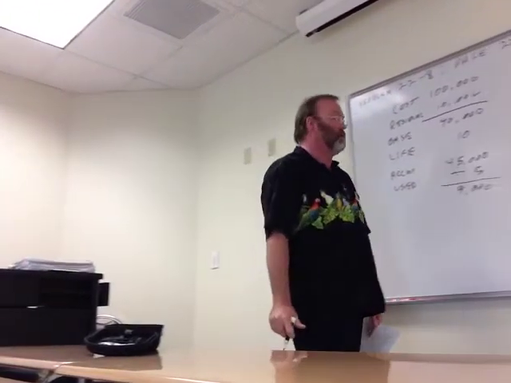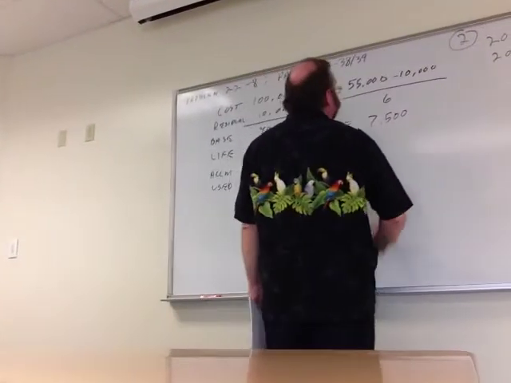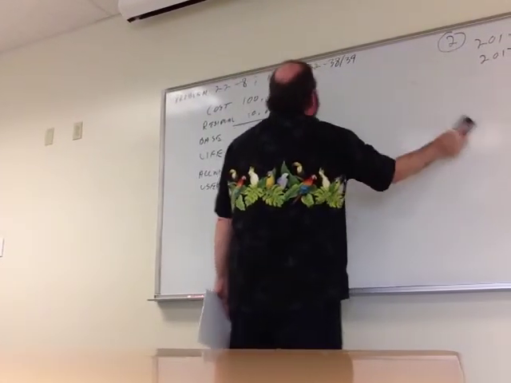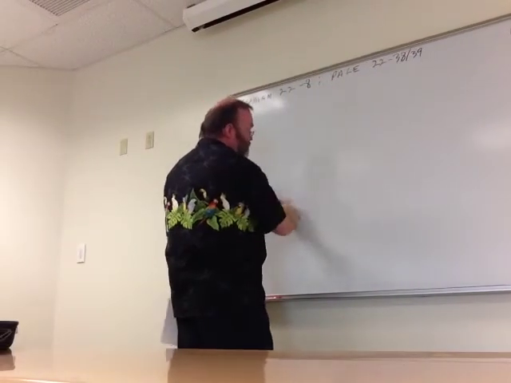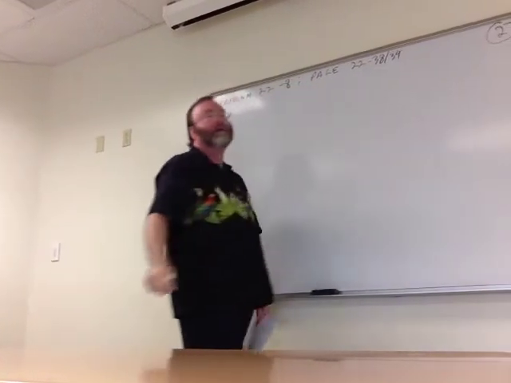The computation of depreciation erroneously included the estimated residual value. Because what do we do with double declining balance? We multiply twice the straight line rate times the book value, not the depreciable base.